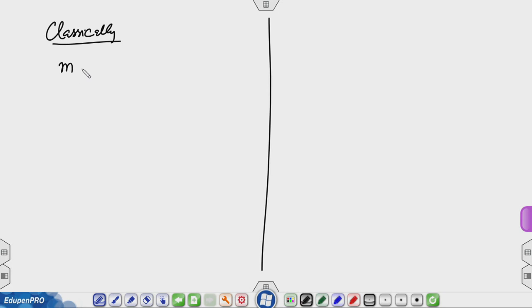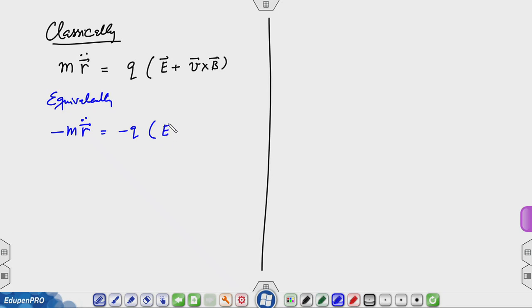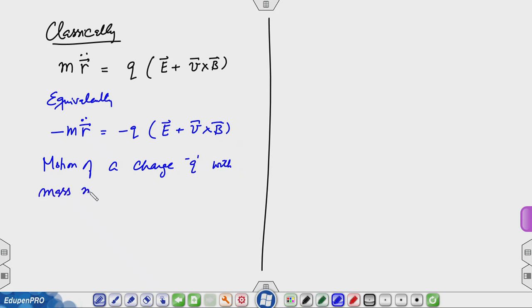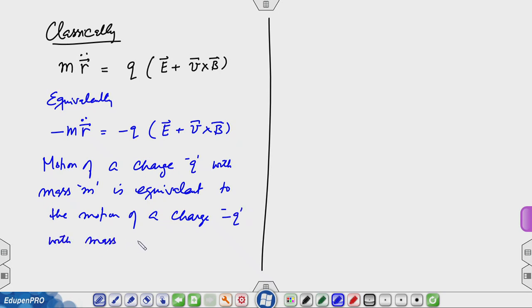Classically, the equation of motion for a charged particle in an electromagnetic field is m r double dot equal to q E plus V cross B. So, equivalently I can write minus m r double dot is equal to minus q E plus V cross B. So, motion of a charge q with mass m is equivalent to the motion of a charge minus q with mass minus m.